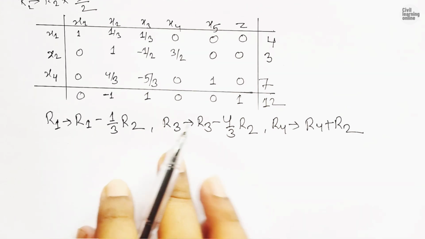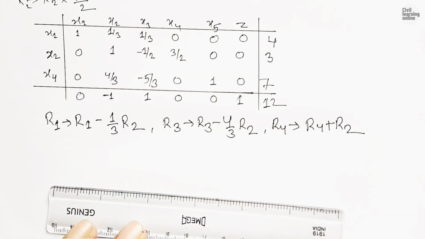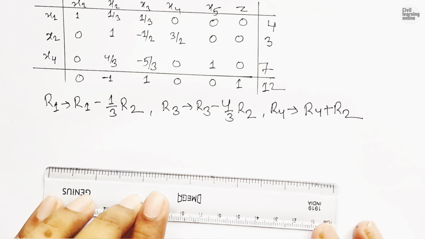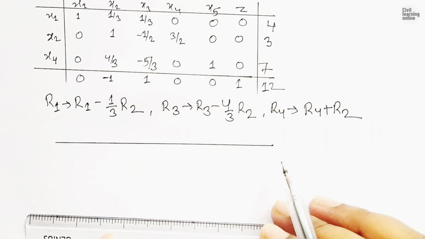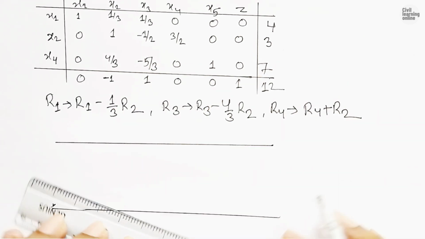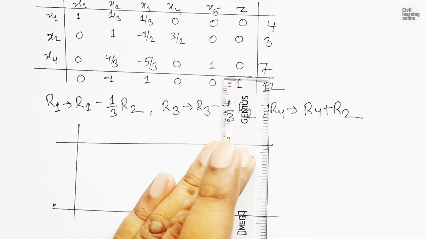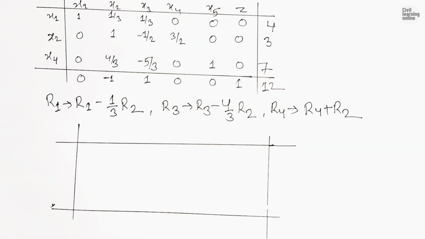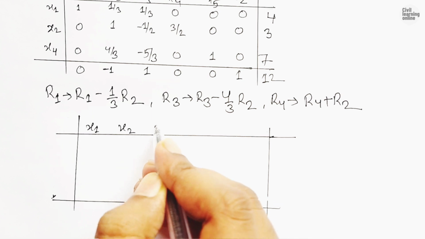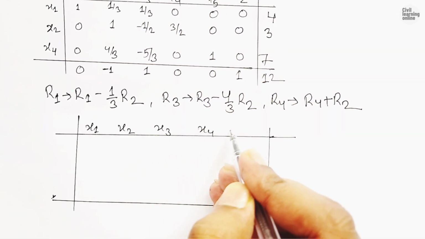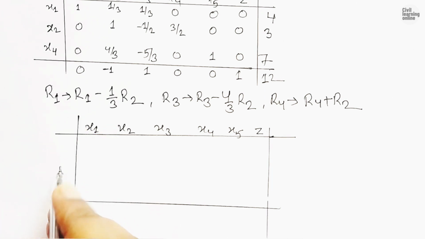Now we need to do these operations here. So draw a table here. We have x1, x2, x3, x4, x5 and z, and we are doing operation on R1.